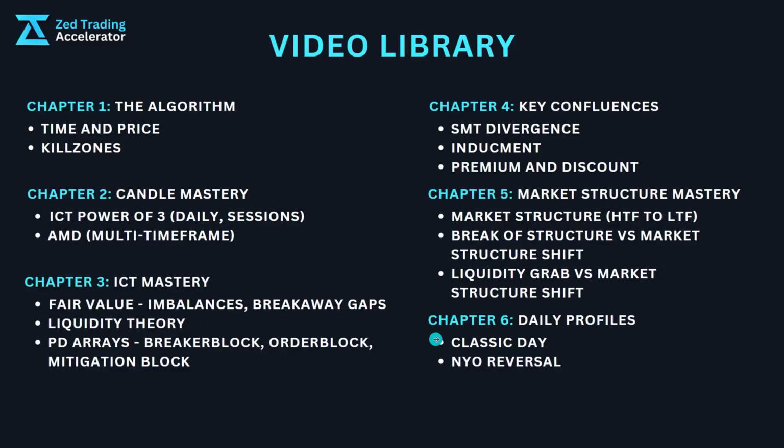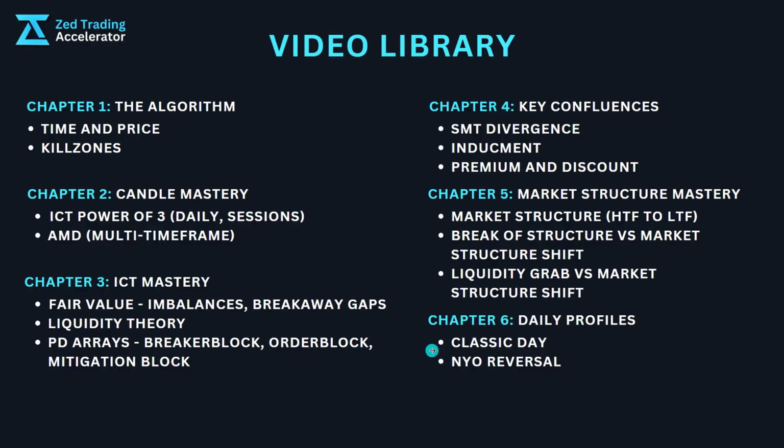Alright, so we have the classic day setup, classic buy day and classic sell day. This is basically the daily profile where the market opens and goes lower on the London kill zone and then shifts higher, and the New York kill zone will just be a retracement lower and then continue going higher.